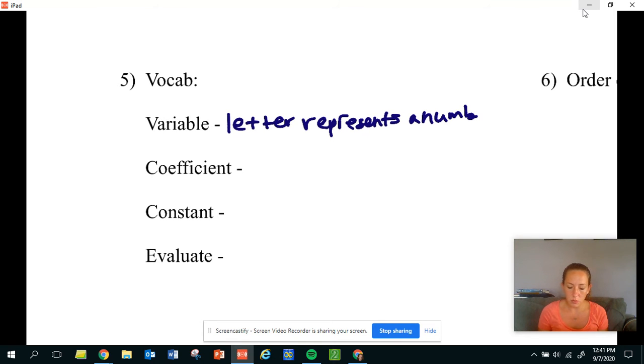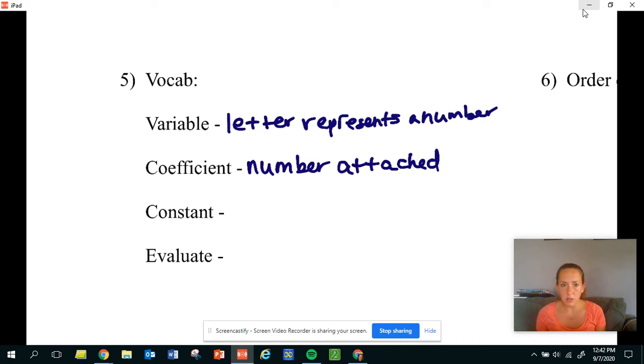That number can be known or unknown, but it's just going to stand in. It's like a placeholder for a specific number. A coefficient is a number that's attached to a variable. So if you have 5x, x would be the variable, 5 would be the coefficient. A constant is a number by itself.